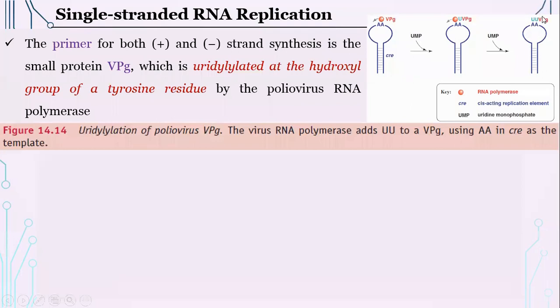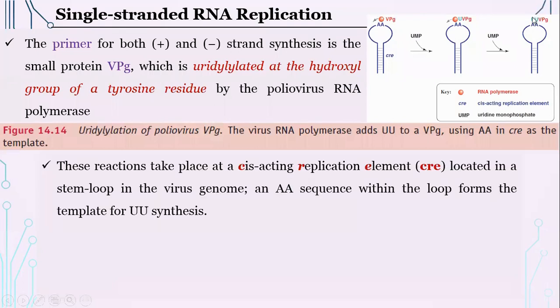And next, these reactions take place at a cis-acting replication element known as CRE, located in the stem loop in the virus genome, and the AA sequence within the loop forms the template for the UU synthesis.